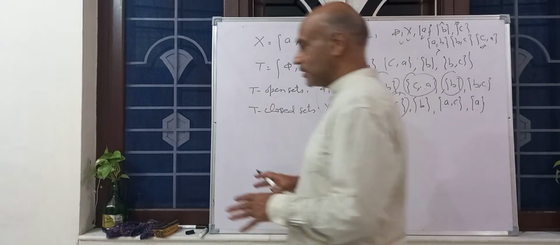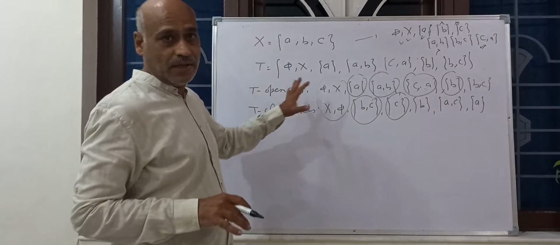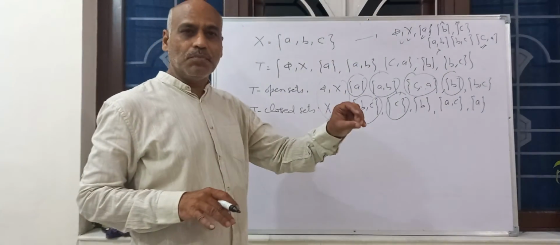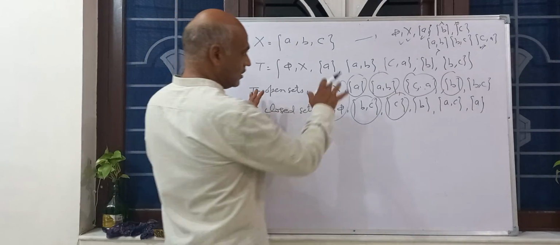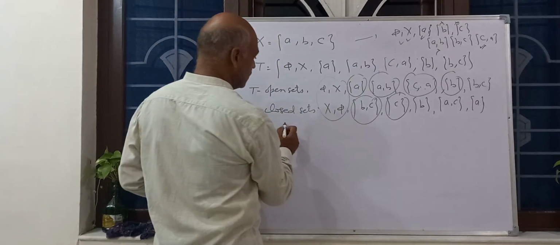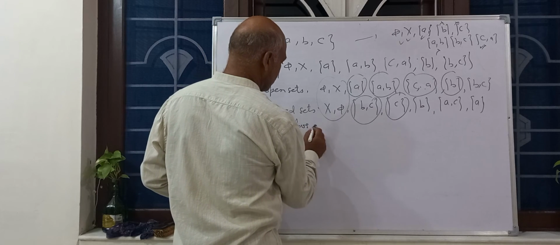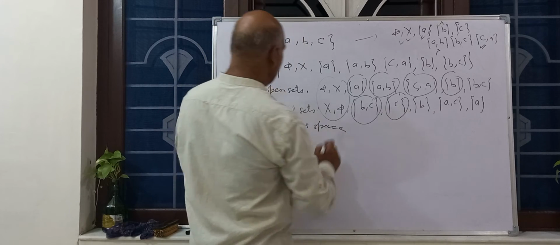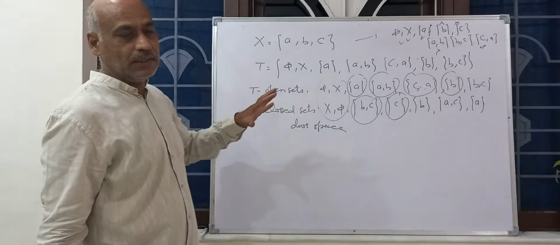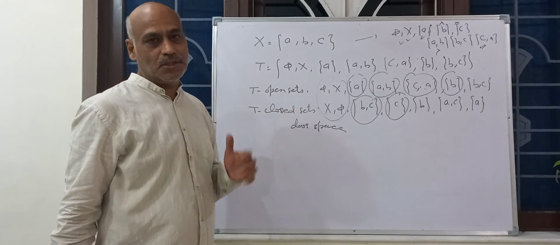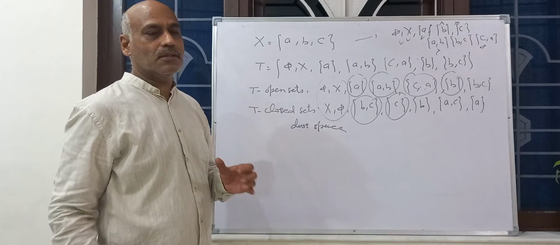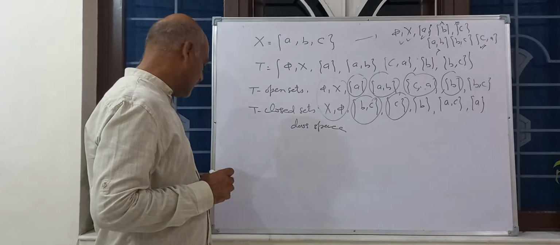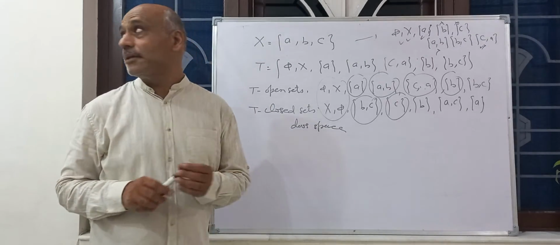So all subsets of X are either T open or T closed. So for this given topology, this is a dual space. Dual space means all subsets of X are either T open or T closed sets.